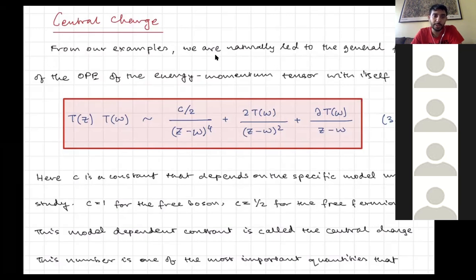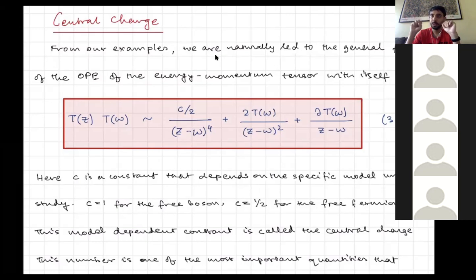That's always so. We're going to be seeing that the T bar thing is always going to be 0. It's a reflection of the fact that the holomorphic and anti-holomorphic parts actually factorize.